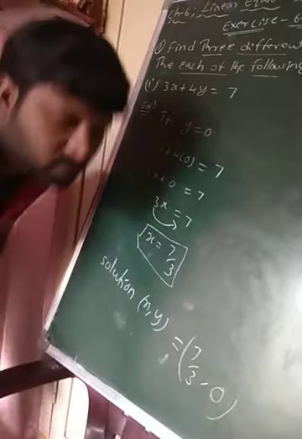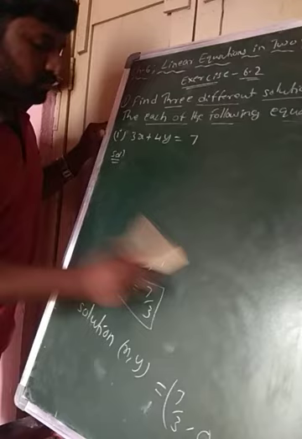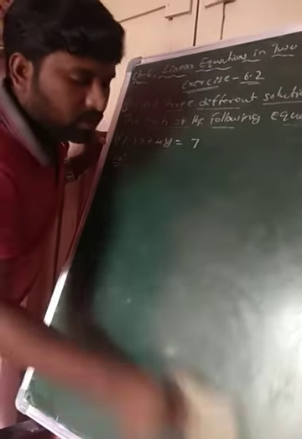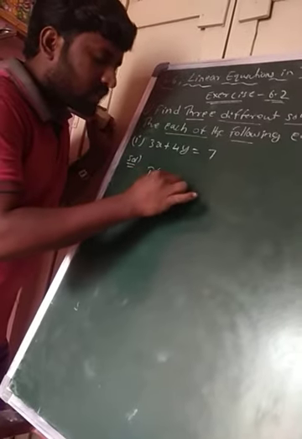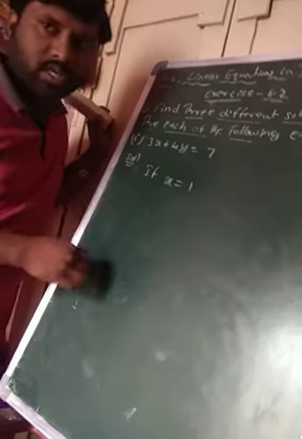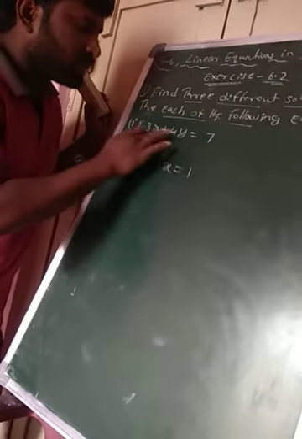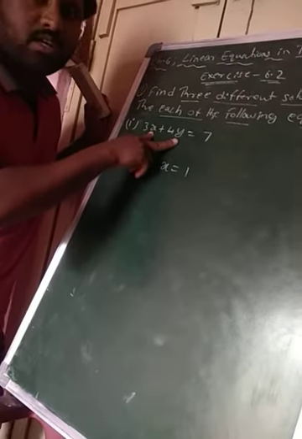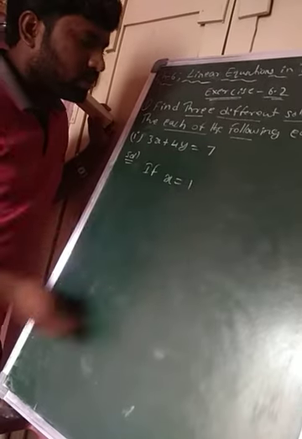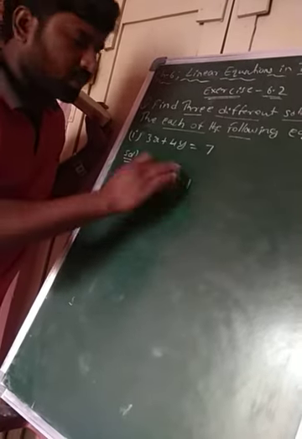Okay, students, now I am taking x is equal to 1. In the place of the x and y variables, you can take any integer or any real number, and you will get the solution.